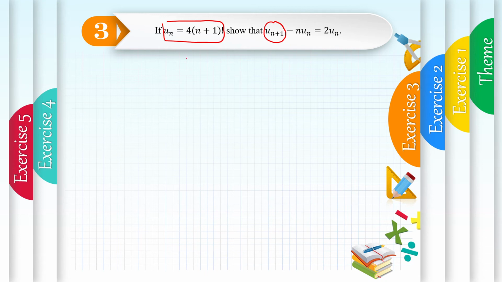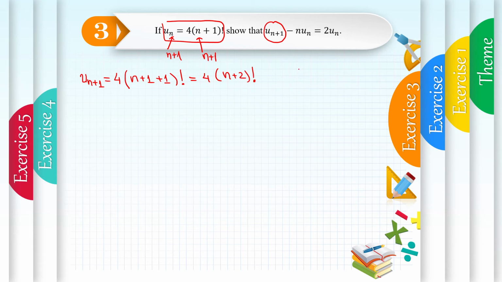This means that instead of n, we will put n+1, and we get that u(n+1) is equal to 4 multiplied by (n+1+1) factorial, which in fact gives us 4(n+2) factorial.